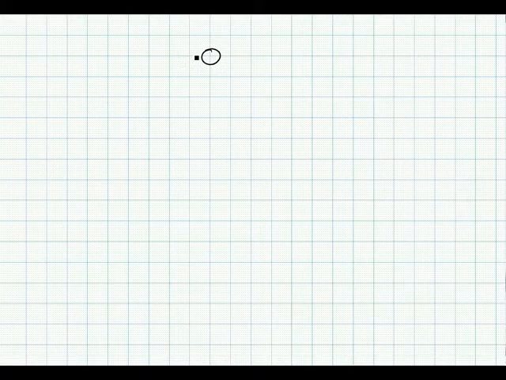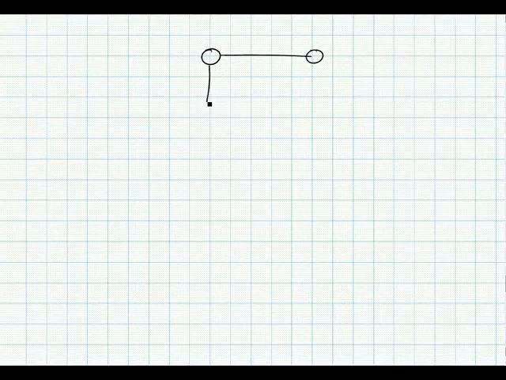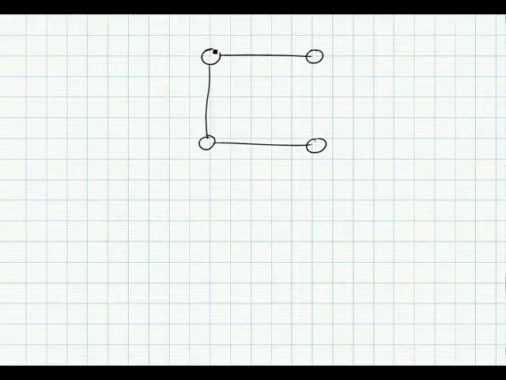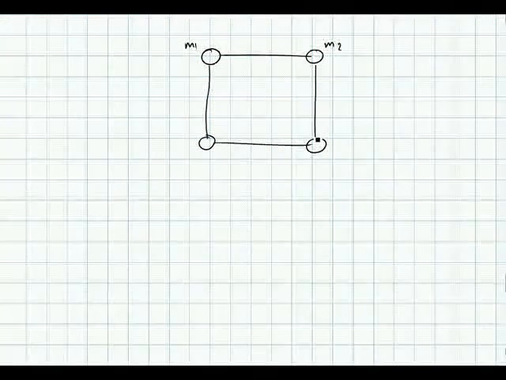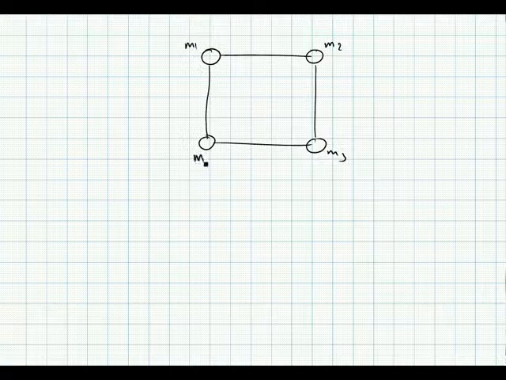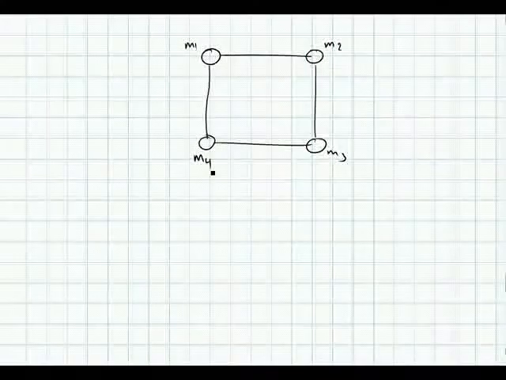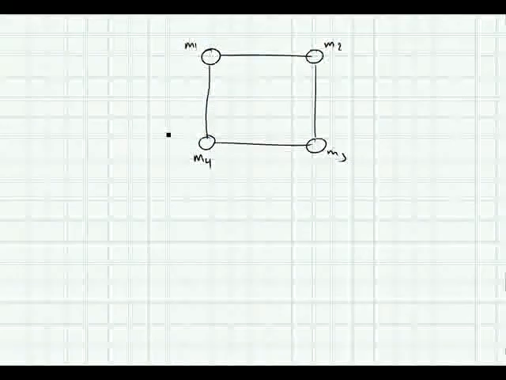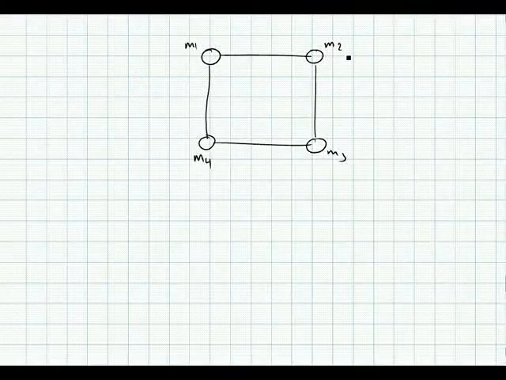We have an extended body which is given by mass 1, mass 2, let's say mass 3 and mass 4, and in this case, let's say the problem tells us the coordinates. So the problem gives us the coordinates for each mass.